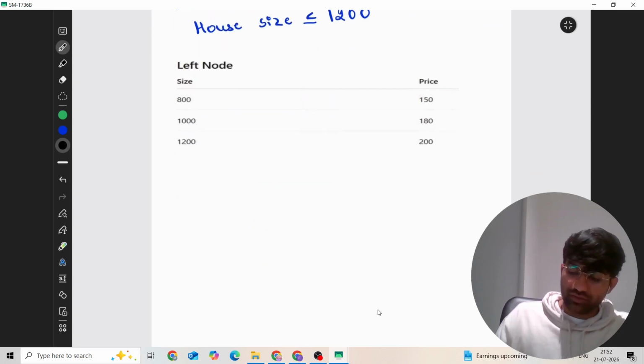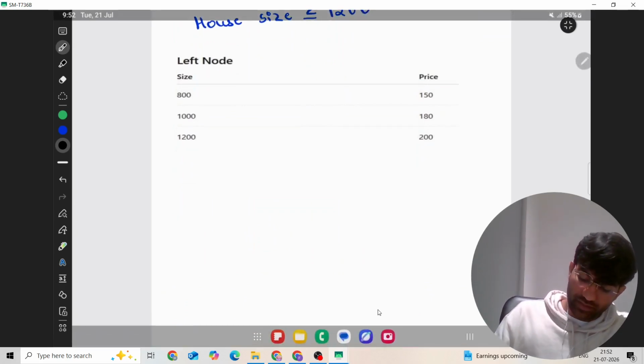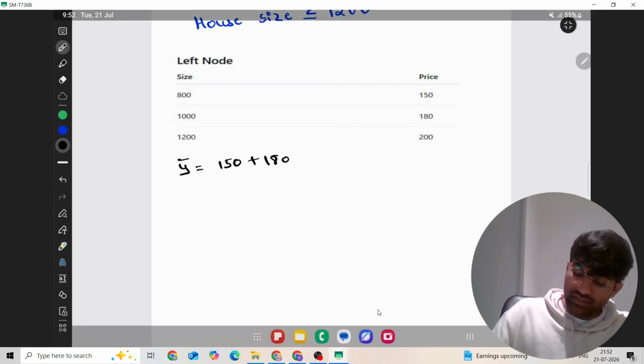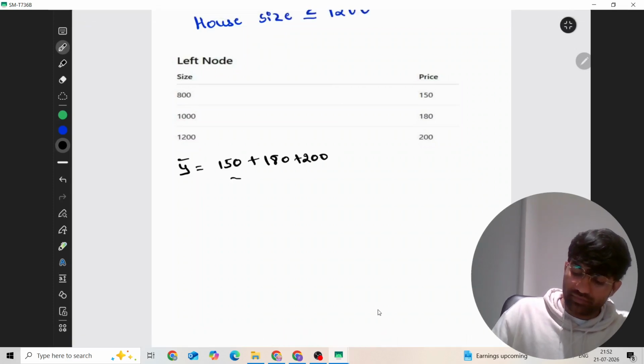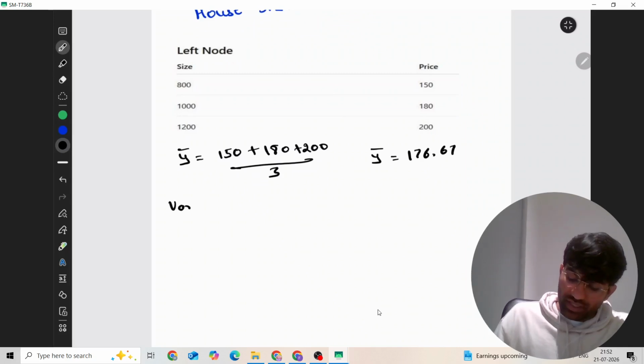So let's calculate the variance of our left child. The mean y bar is equal to 150 plus 180 plus 200 divided by 3, which is 176.67.